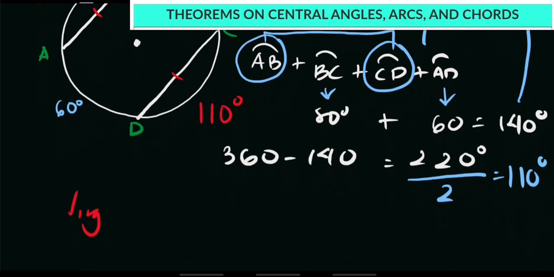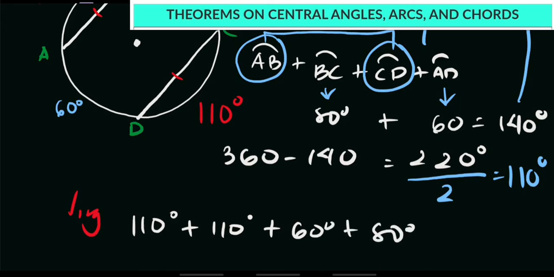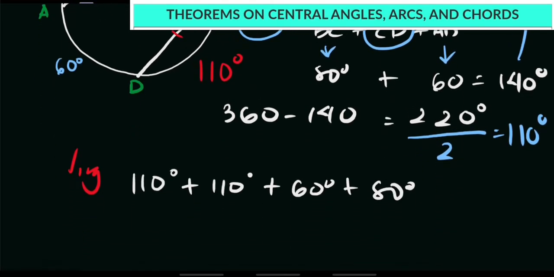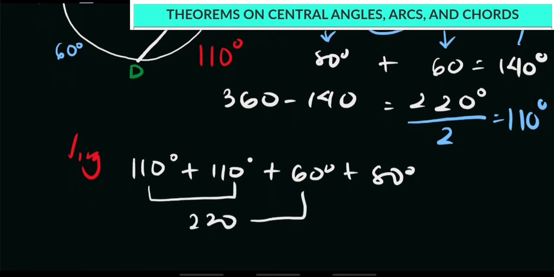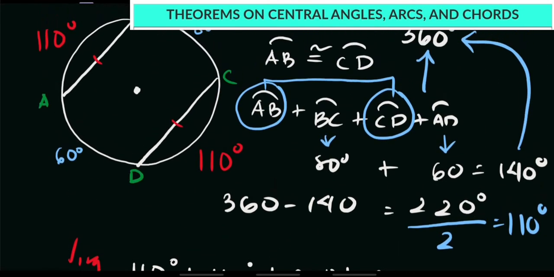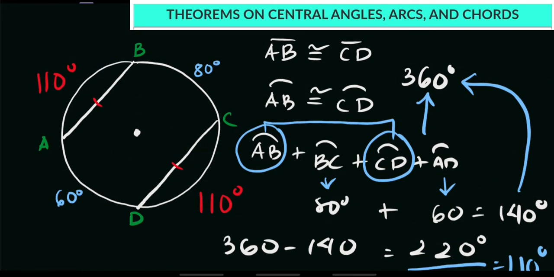So let's double check: we have 110 degrees plus 110 degrees plus 60 degrees for AD plus 80 degrees for arc BC. 110 plus 110 is 220, plus 60 is 280, plus 80 equals 360 degrees. Therefore, our answer is correct. The measurement of arc AB is 110 and arc DC is 110 degrees.